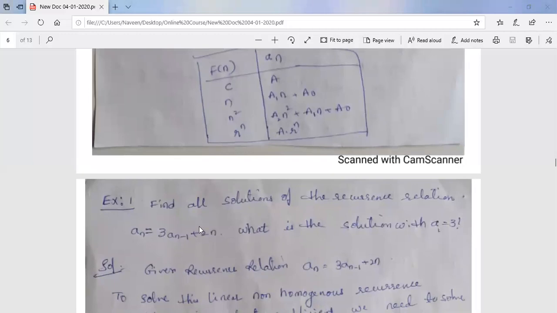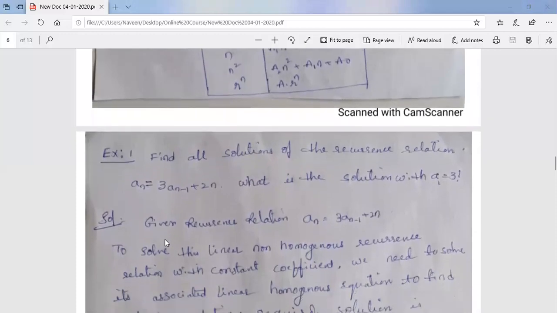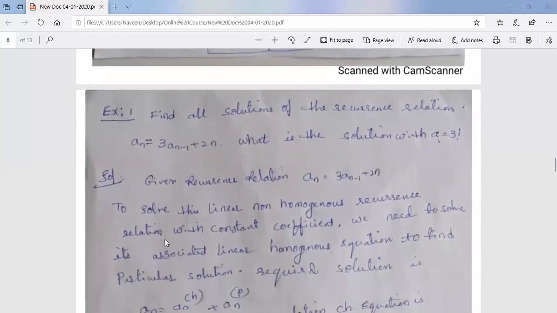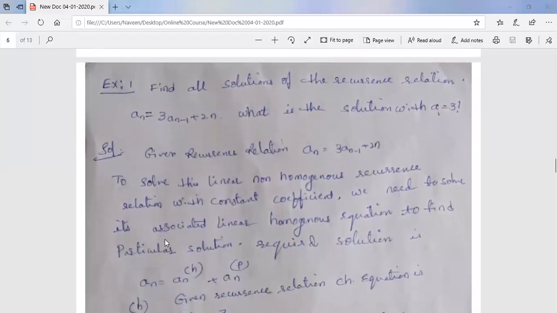Just now we have studied the definition of the linear non-homogeneous recurrence relation. It is in the form a_n = c1 a_{n-1} + f(n), where f(n) = 2n. Therefore we identified it as a linear non-homogeneous recurrence relation, so the solution contains two parts.